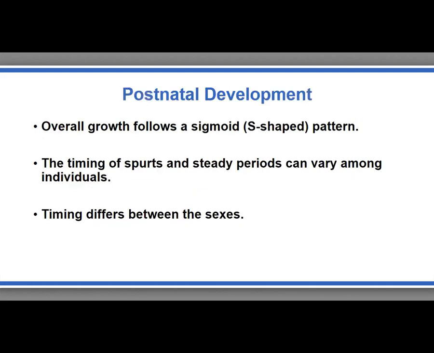Postnatal development, overall growth follows a sigmoid S-shaped pattern, talking about the spine. Timing of spurts and steady periods can vary among individuals, and timing differs between the sexes. Typically, you'll see girls grow earlier, pre-puberty, where you'll see post-puberty, sometimes the boys will have longer growth spurts.